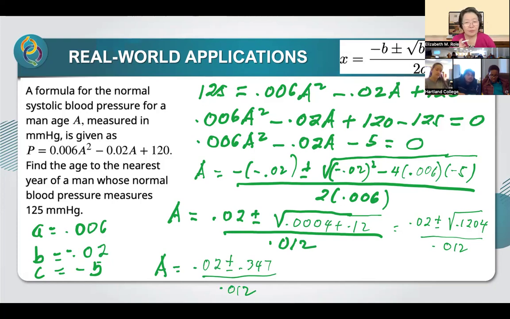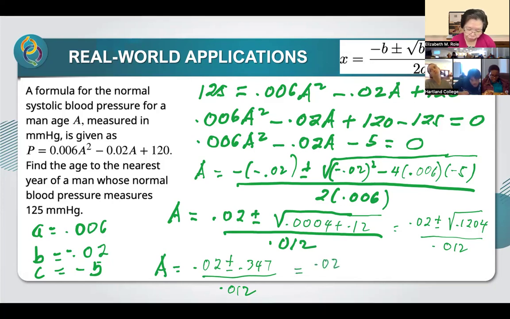Now, if it were not a real world problem, you would have two answers. But since this is real world, you would realize that if you subtract 0.347 from 0.02, you'll get a negative answer. So in this situation, you only use the answer that is relevant to the problem, which is the positive one.